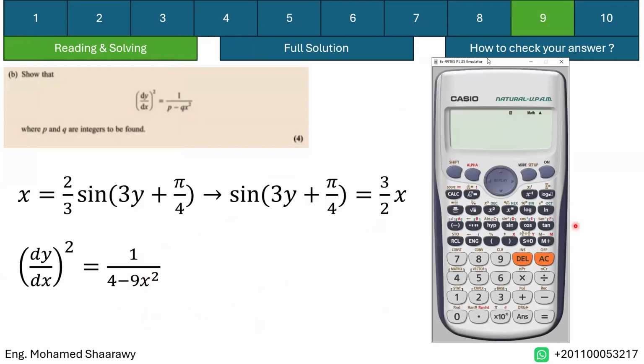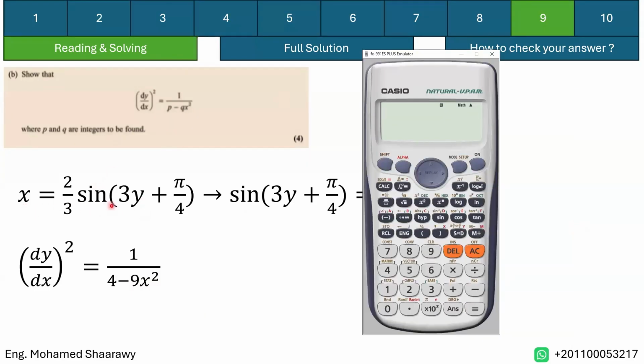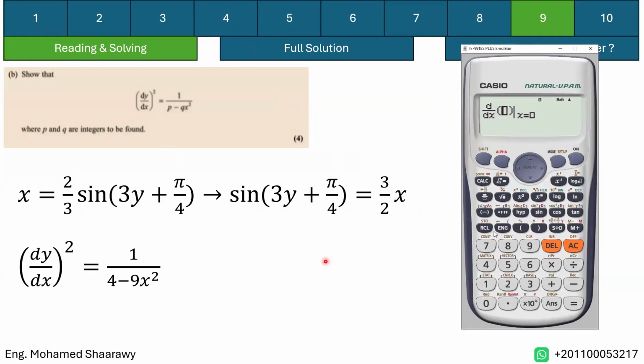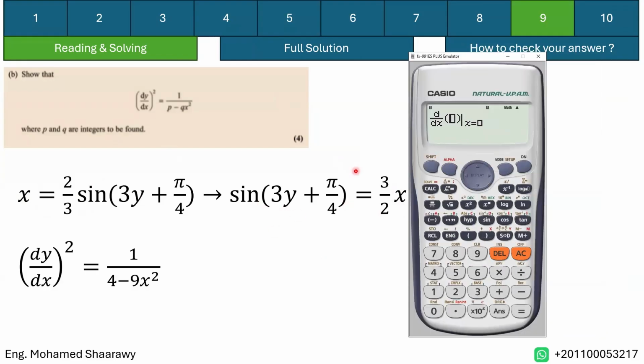Actually, I can find this using this equation. I can tell the calculator to differentiate. Okay, but I need something. I need to make y subject because the calculator, I can put here the y only. So let's make it subject from this step. So let me write shift sign because I need to write the y as a subject, you know.